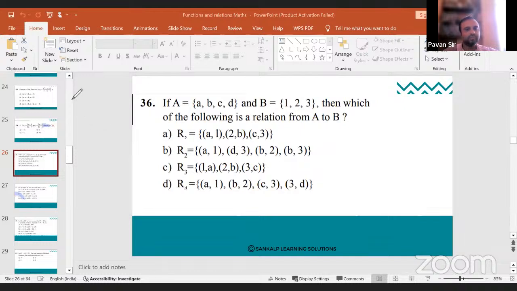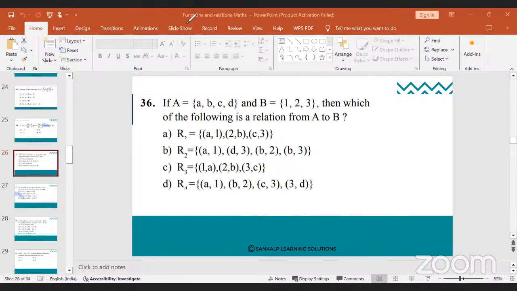Next question. If A is the set A, B, C, D and the set B is 1, 2, 3, which one of the following is a relation from A to B? Which one is the relation from A to B?